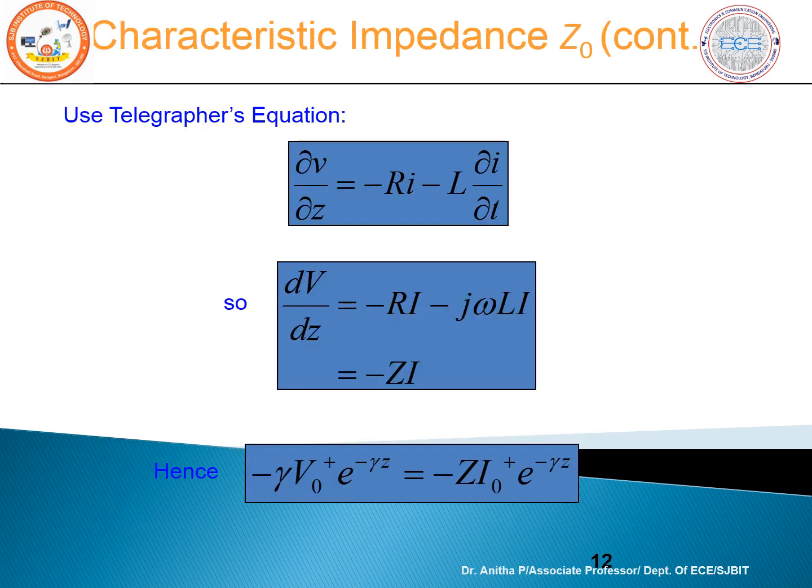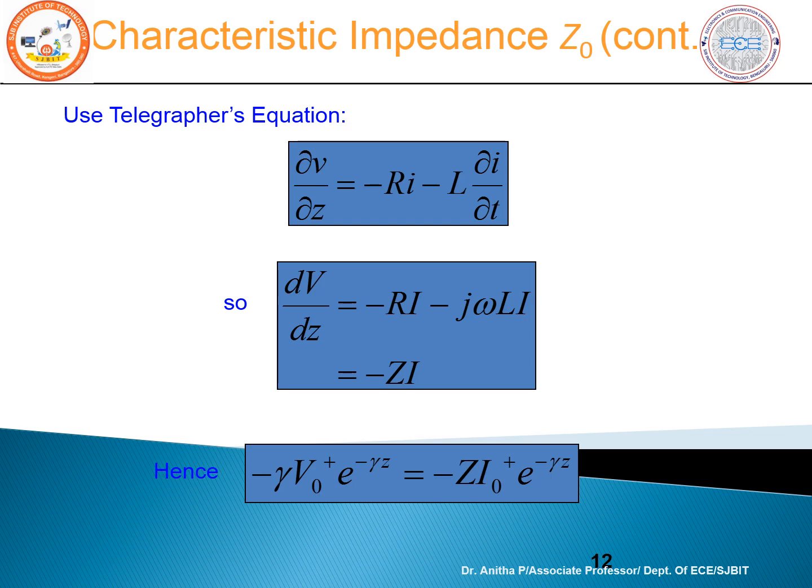Take the ratio of that. Before you take a ratio, you rearrange the expressions to get the V naught plus to I naught plus ratio. So for that, we know the governing equation, in which dV by dz is nothing but minus Z into I. Now in this equation, differentiate that voltage, which is nothing but V naught e power minus gamma z.